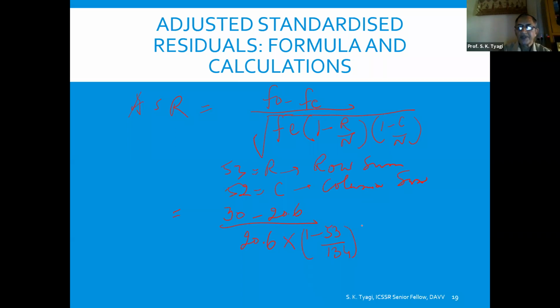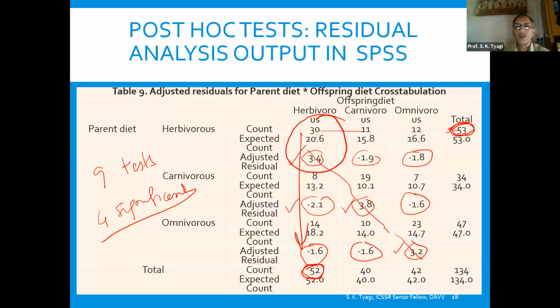So multiplied by this and 1 minus 52 divided by 134, all under root. If you simplify it, it will take time, otherwise I could have shown it here. So the value will be 3.4. This is how adjusted standardized residual takes into consideration the marginal sums also in the denominator. It is a little modification of the standardized residual.